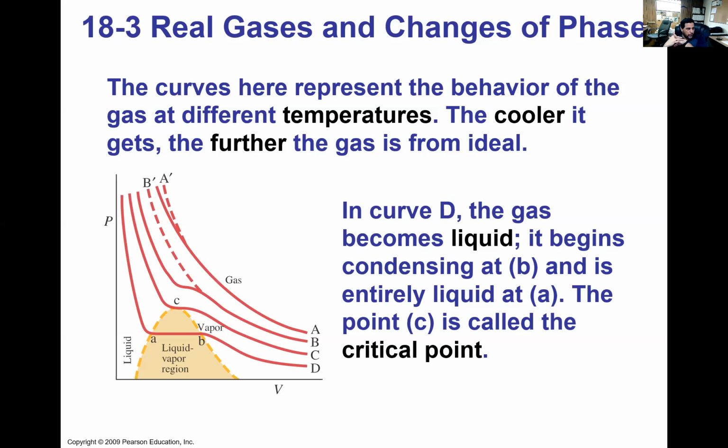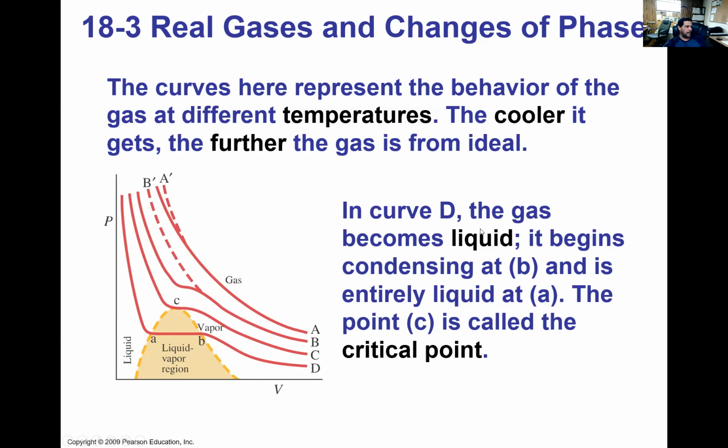The cooler it gets, the further it gets from being an ideal gas. So curve D, for example, the very bottom one, actually becomes a liquid. It has a liquid vapor region. So it goes back and forth between being a liquid and being a vapor.